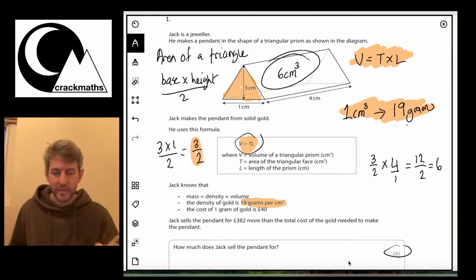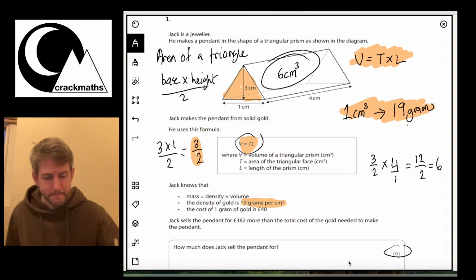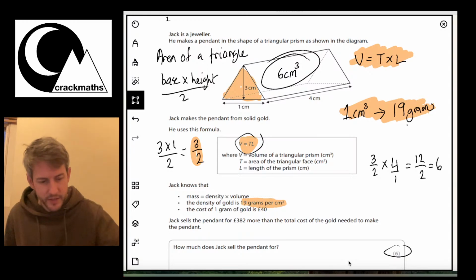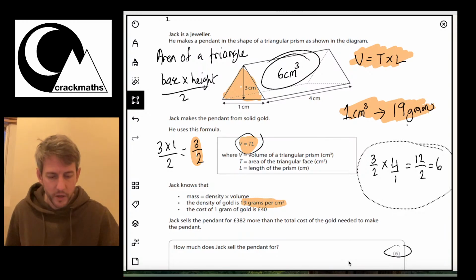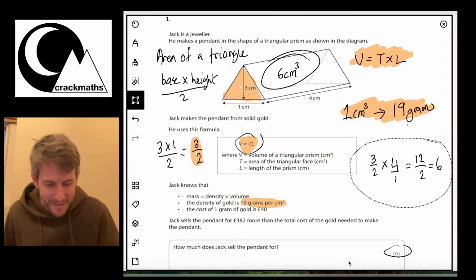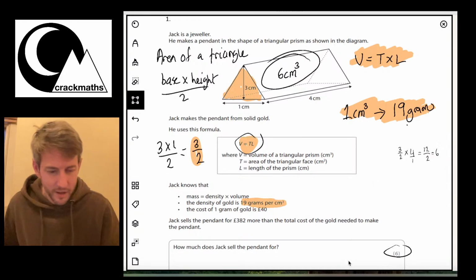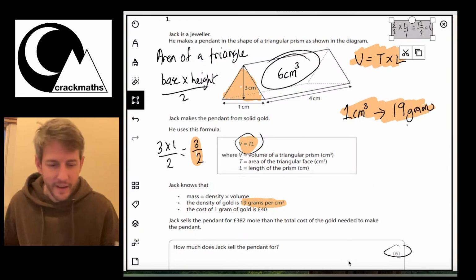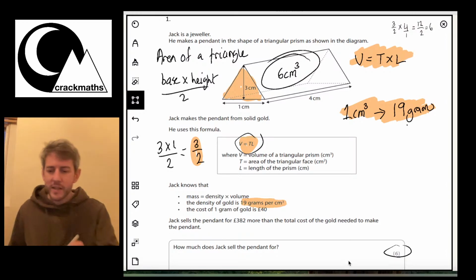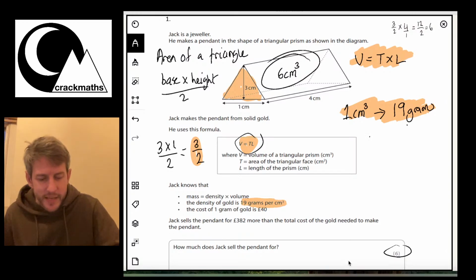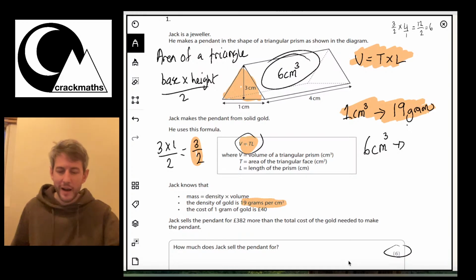Let me move this fraction work up over here, and I'll put it there. And so what we've now got is 6 centimetres cubed is how many grams.